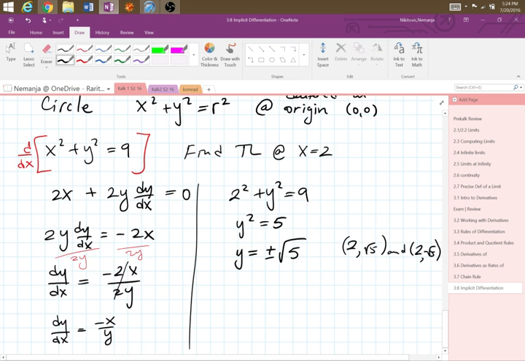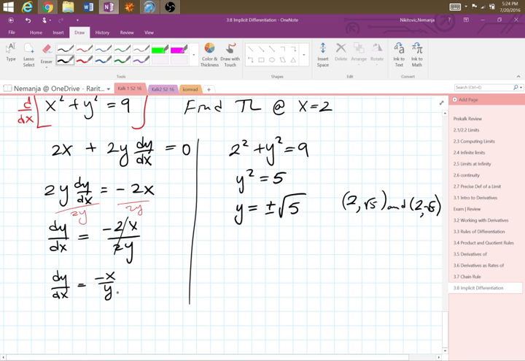I know this derivative, and I know that I need to compute that derivative at our newly established point. So slope m is dy dx computed at (2, root 5).